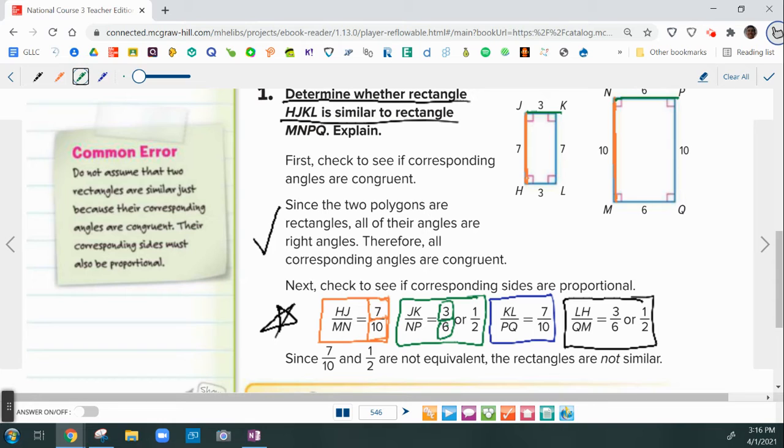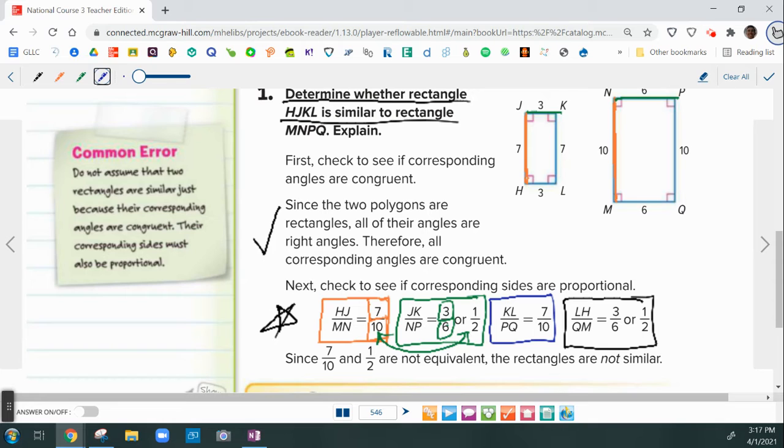Now, I would have stopped there because I already see that these 2 are not equal. 1/2 and 7/10, obviously not equal. So therefore, if the ratios aren't equal, they're not proportional. Proportional means equal ratios or equal fractions. So this already, we've proven it. But now they've gone ahead and checked all of them out here.